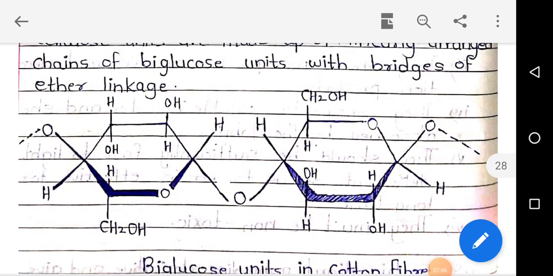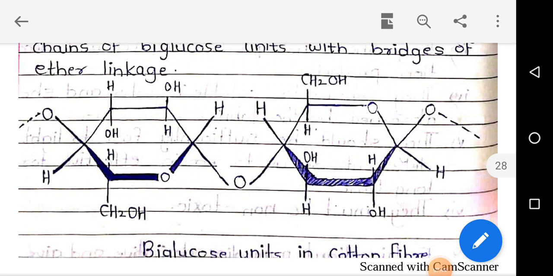The structure has big glucose molecules, and the glucose molecules have oxygen groups attached in the form of hydroxy groups, OH groups.